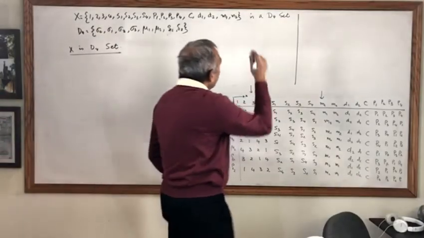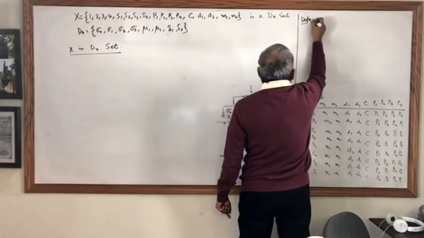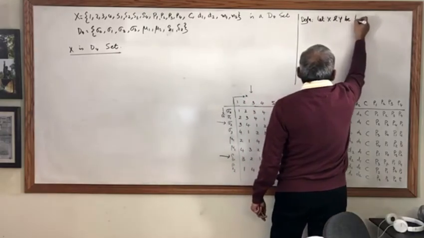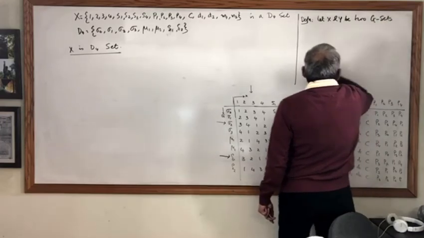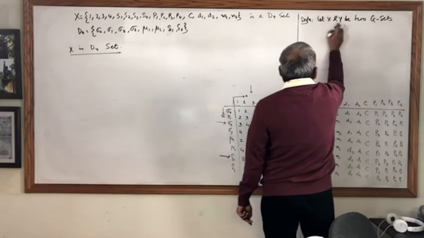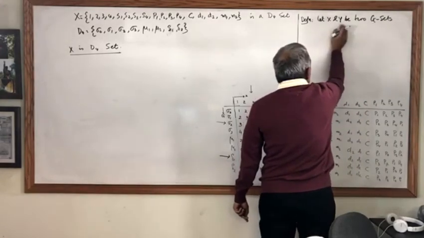I want to define one more term here. Definition. Let X and Y be two G sets. Same group but two sets, G acting on two sets.